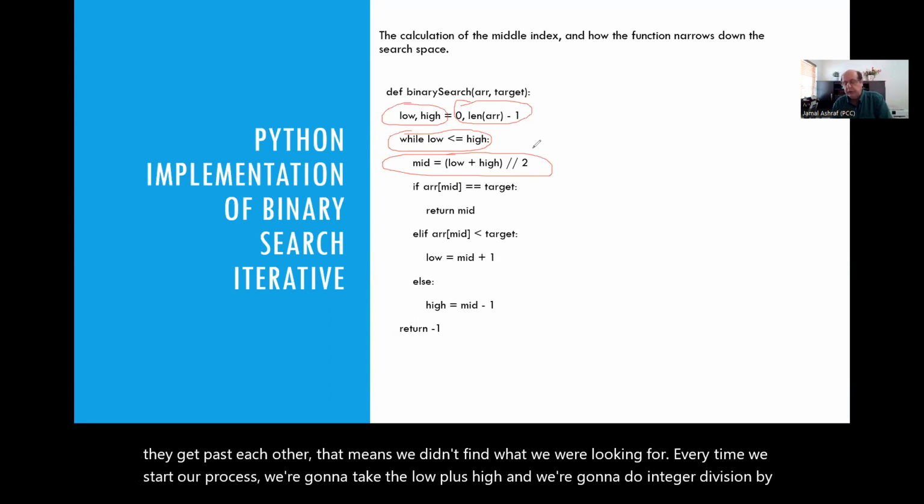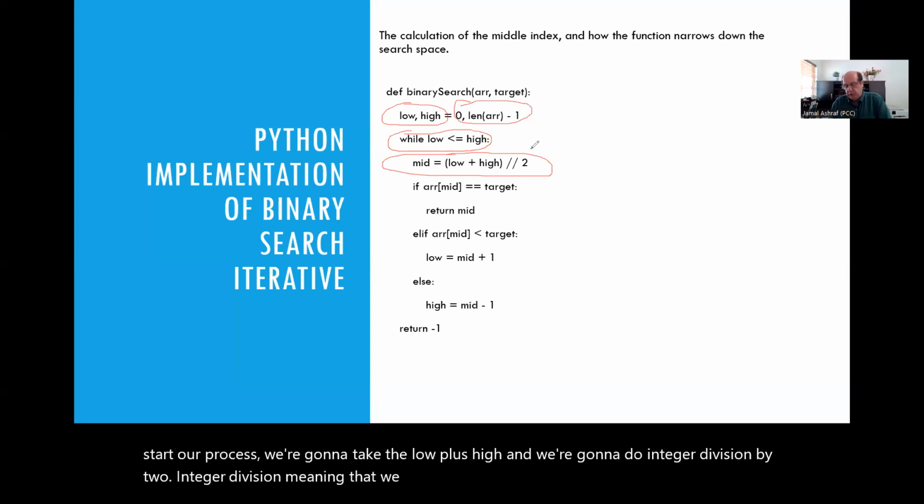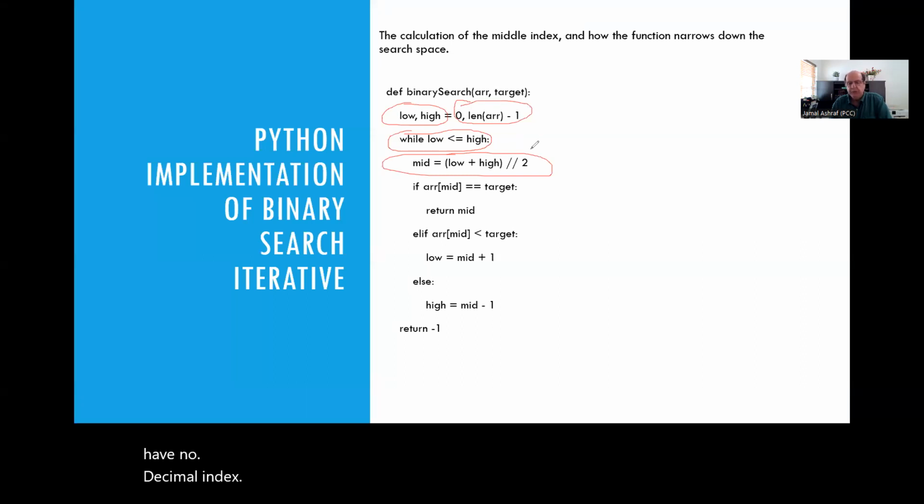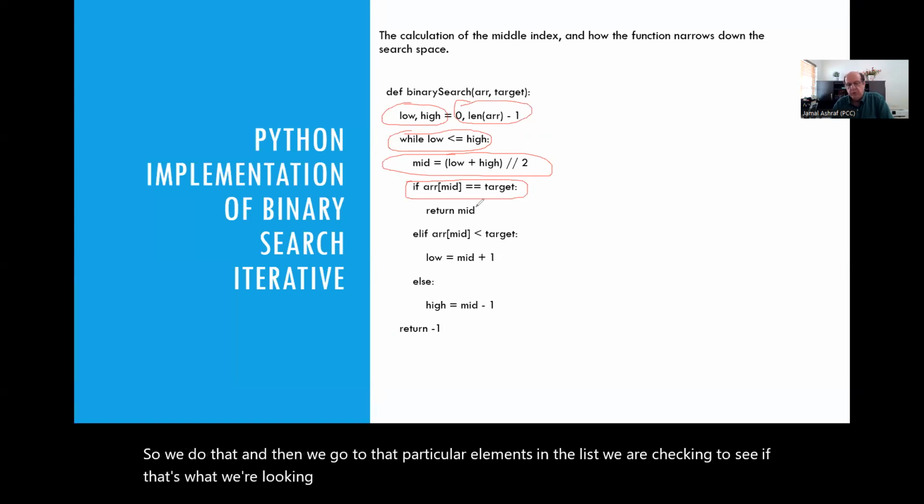Integer division meaning that we are not going to get any decimal point because we don't have a decimal index. So, for example, 7 divided by 3 is 2. So we do that, and then we go to that particular element in the list. We are checking to see if that's what we're looking for. If that's what we're looking for, we just return the index, we're done.